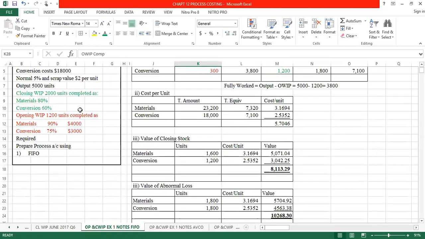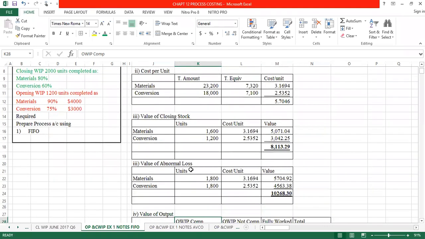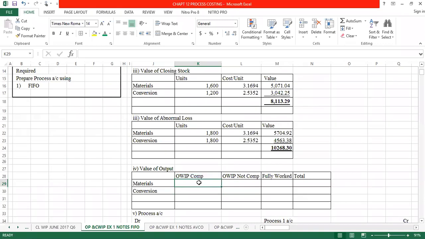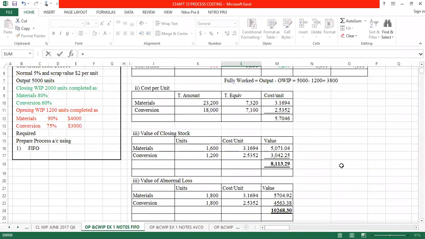Opening completed is there in the question. You can see there opening completed 4,000 and 3,000. So here we have 4,000 and this is 3,000. You can see that one is given in the question. Opening not completed, it is not given, but it is in the equivalence.